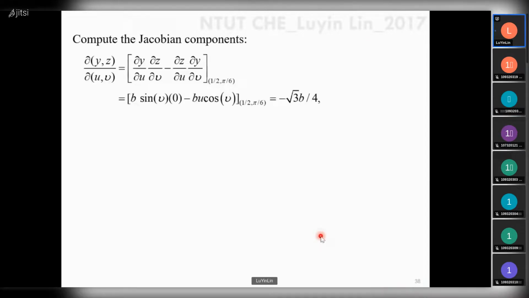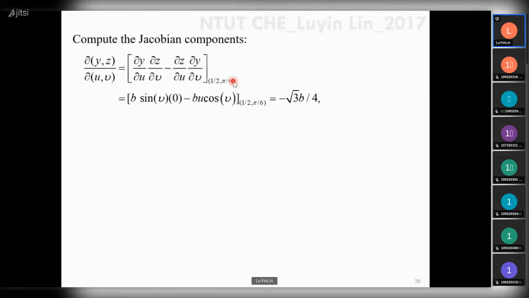So the first one is for the x direction. For the x direction, we have partial yz, partial uv. Use the Jacobian component. You can display this one as this one, and this one is at u0 and v0.